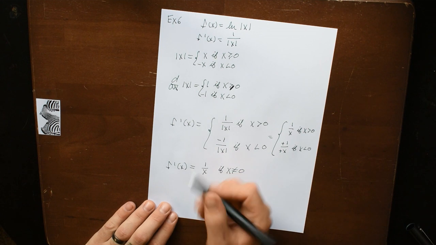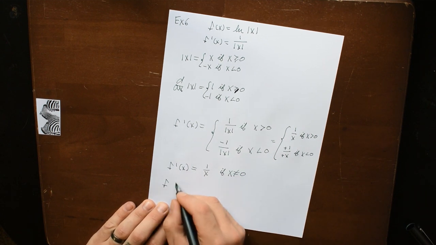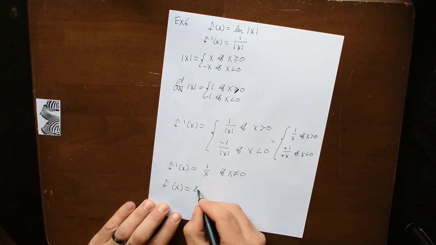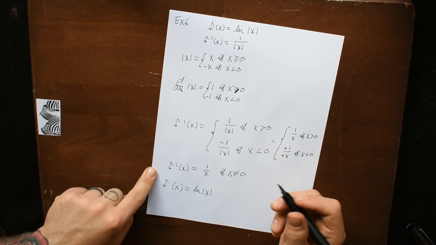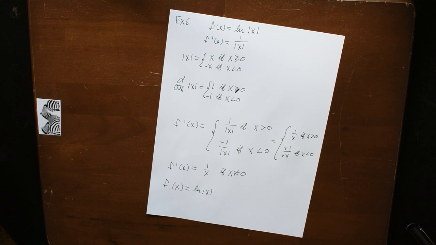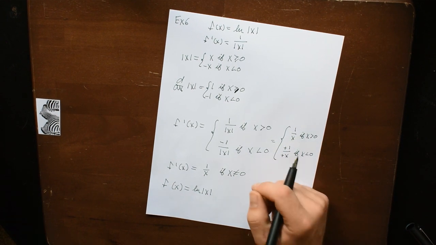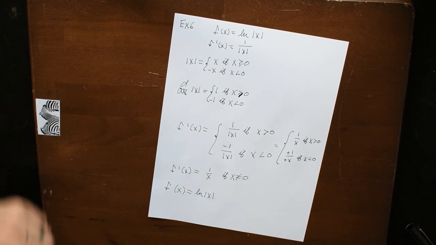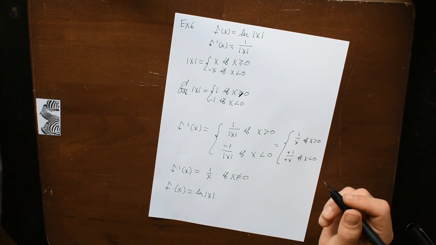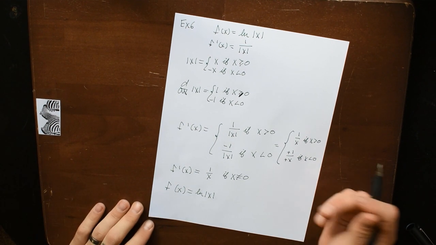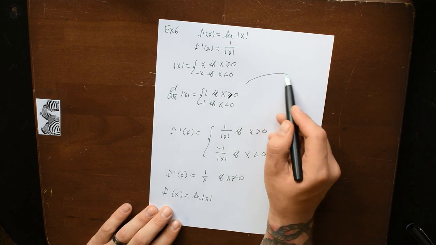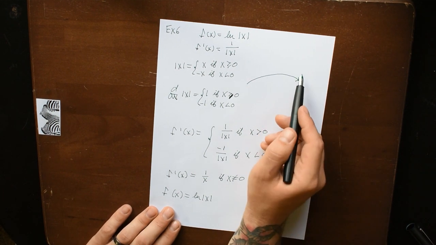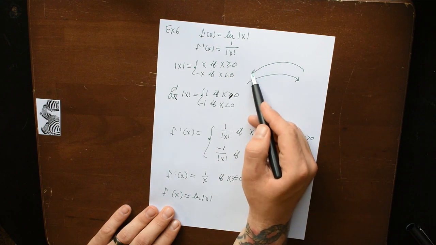So that's a neat result in my opinion. f of x is equal to the natural log of the absolute value of x, and its derivative is 1 over x. We'll use this a lot of times going the other direction. When we start chapter 5, we're used to derivatives taking equations in one direction, and we'll do antiderivatives to go in the other direction.